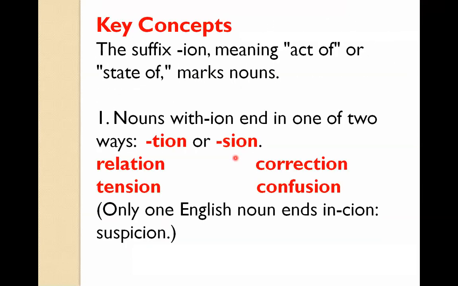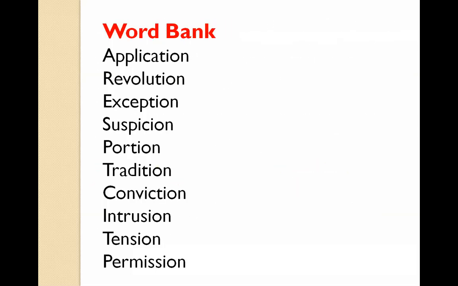In most cases, SION is pronounced as jan, but in some cases, like tension and permission, they are pronounced as shan.